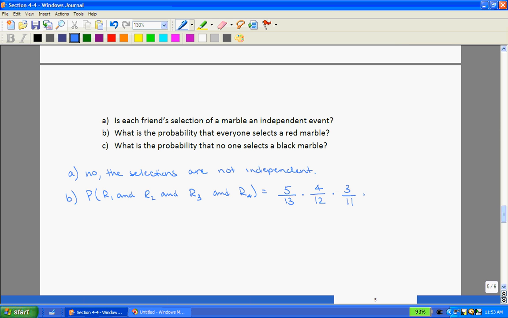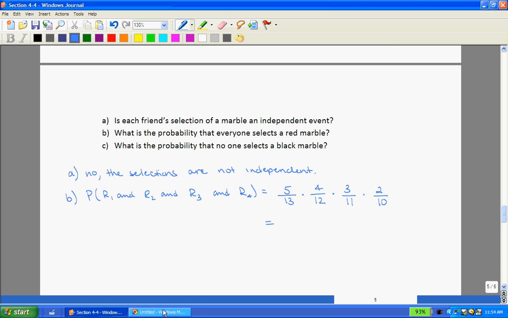And if you get the hang of the pattern now, the fourth person only has 10 marbles to choose from altogether, and of the red, there's only 2 left. So with independent events, that probability stayed the same from trial to trial. But with dependent events, it's changing based on what happened previously.